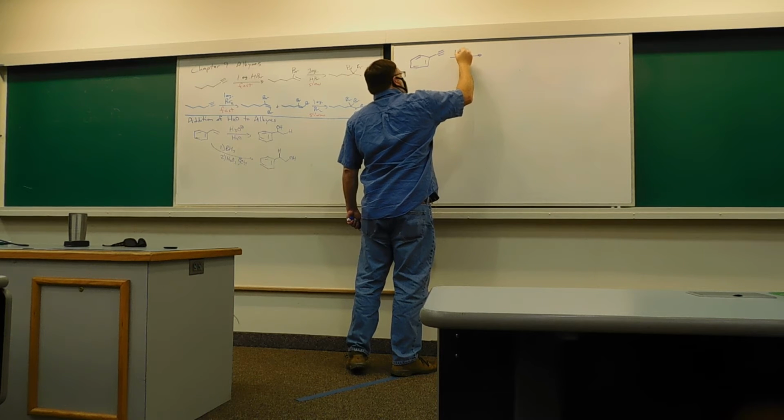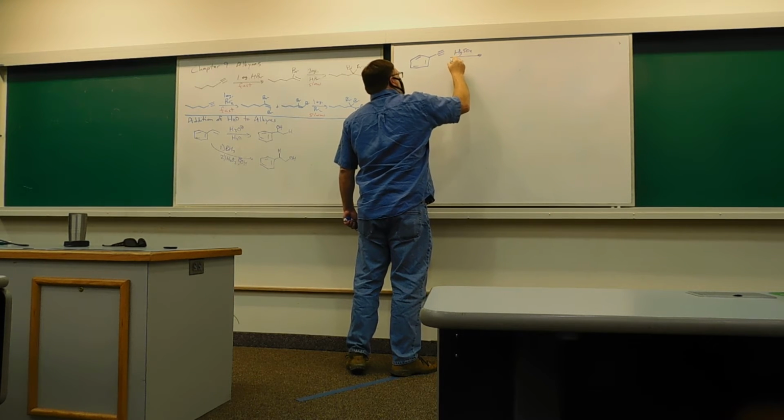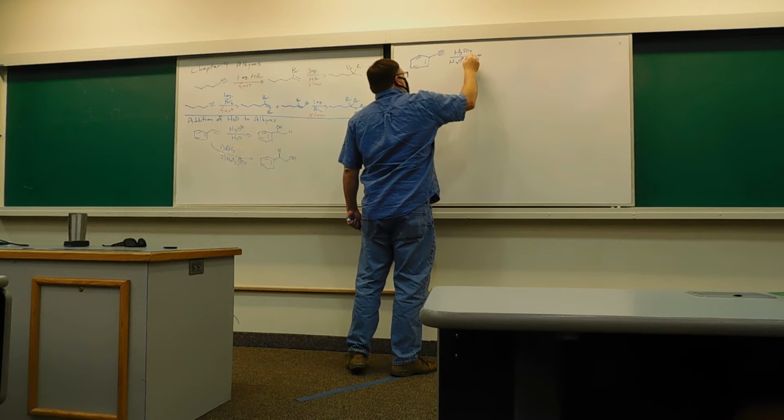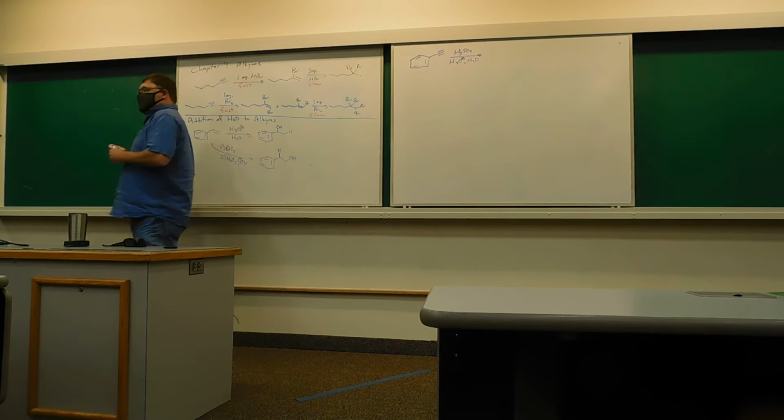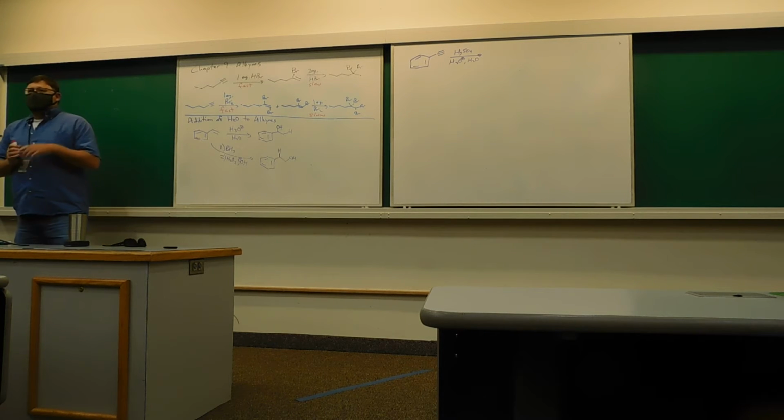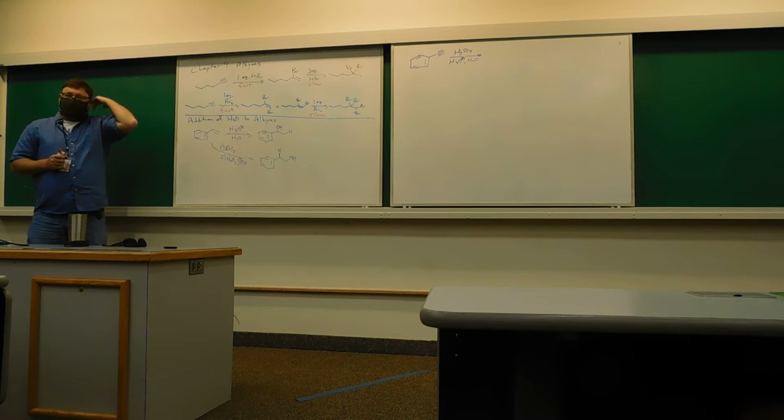So the first thing you're going to see with an alkyne is you have to use mercury. You can't add water across a carbon-carbon triple bond without including catalytic mercury 2.